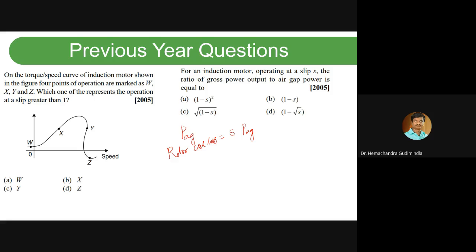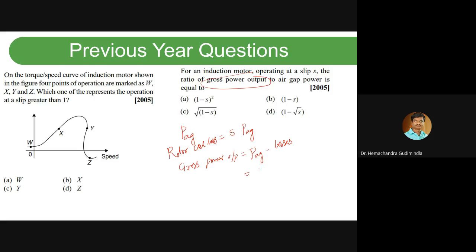Now the gross power output: gross power means air gap power minus losses, right?